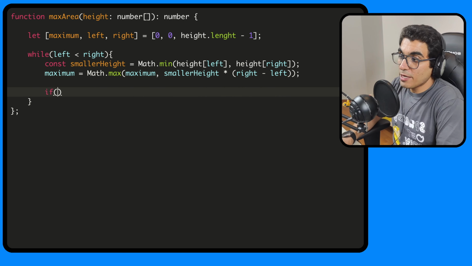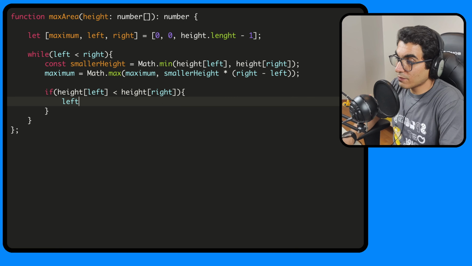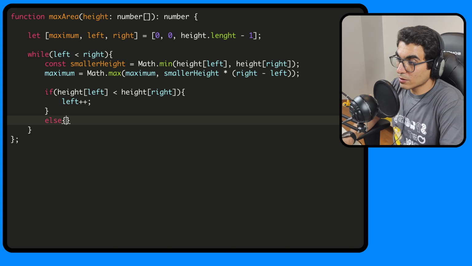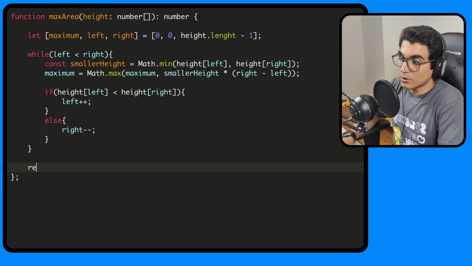Now, if the height of left is smaller than the height of right, then left is increased, otherwise right is decreased. And last but not least, we return the maximum.